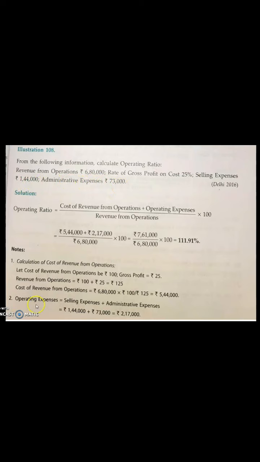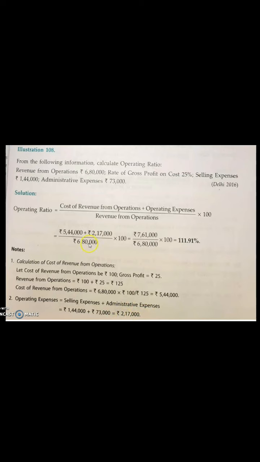Here they have shown those two items as a working note. They have added those two items, and the amount which you got as operating expenses is 2,17,000, which you are supposed to write over here.